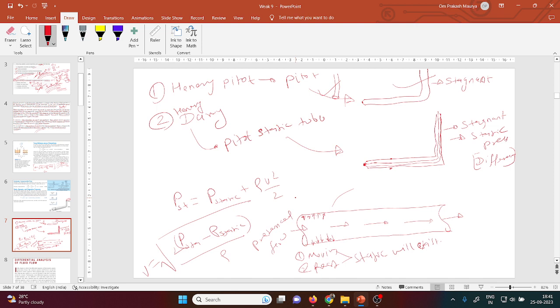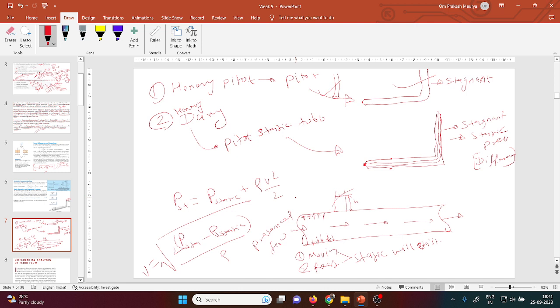Due to this pressurized flow, what will happen if you insert a piezometer here? Because of the pressure in the pipe, the fluid in the piezometer will rise, let's say up to height H. So this gives the static head.